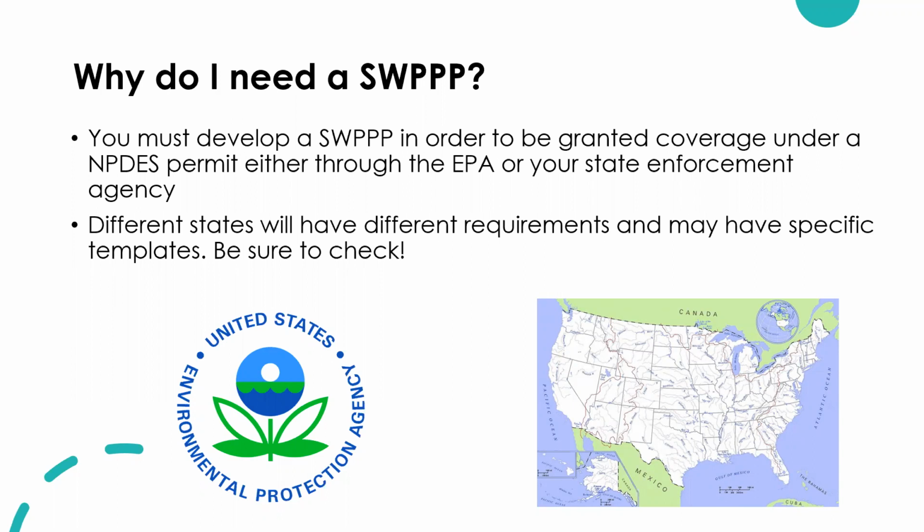For construction sites, it's called the Construction Best Management Practice Plan in Alabama. But the basis of it, you need this because when you submit your NOI, you have to have a plan in place for how you're going to deal with any discharges that occur at your site. And again, different states do have different requirements and may have specific templates they want you to follow for your stormwater pollution prevention plan. So you need to check this before you develop one.